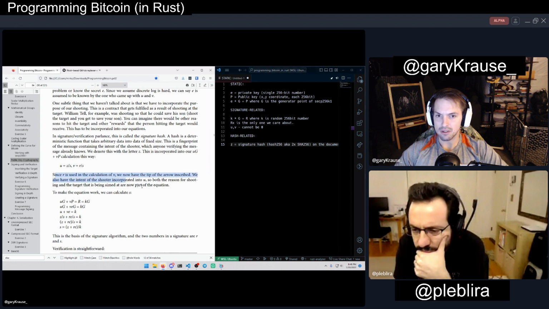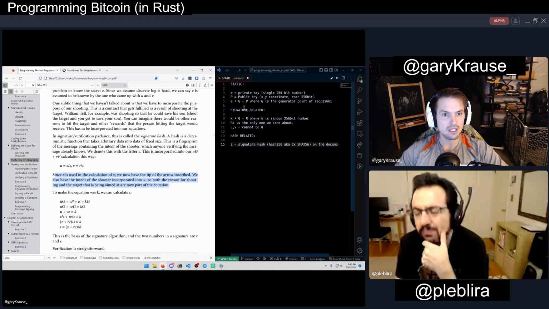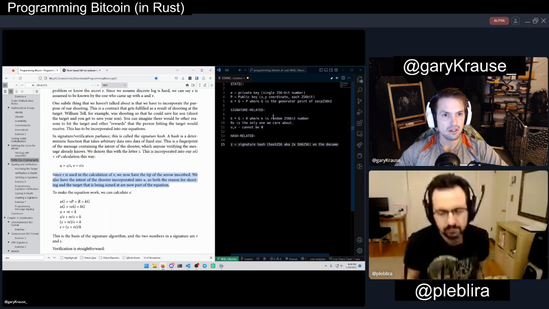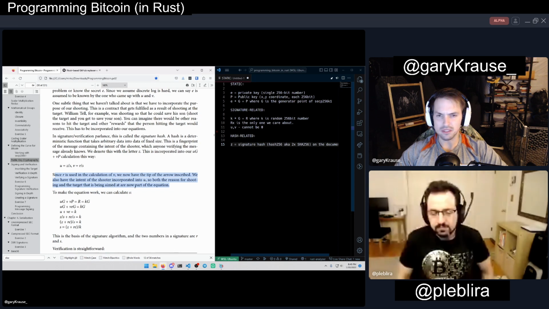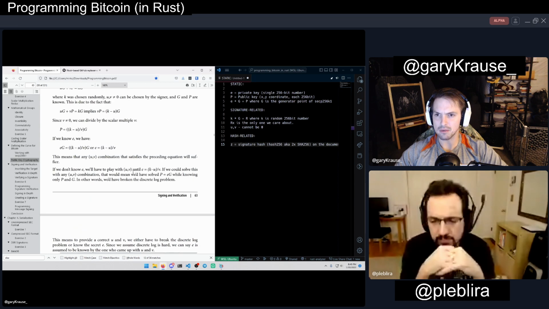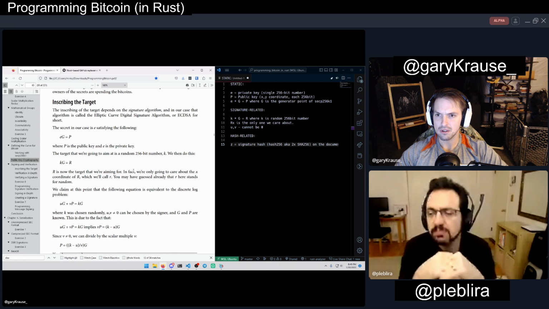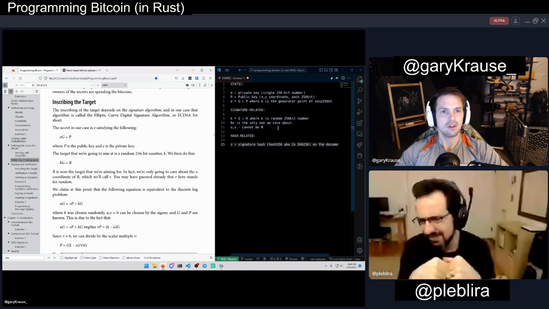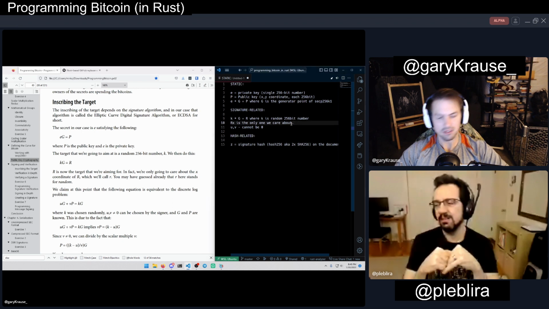R is using the calculation of V, and R we know to be... I thought there was a little R for a random number. Yeah, R is like the X of big R. Right. Okay.